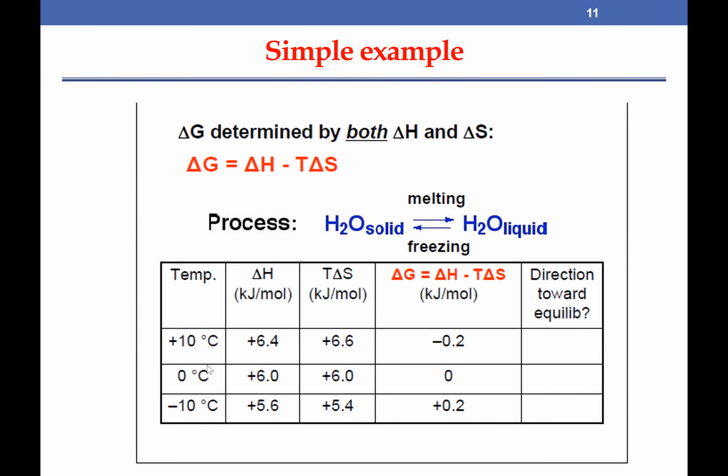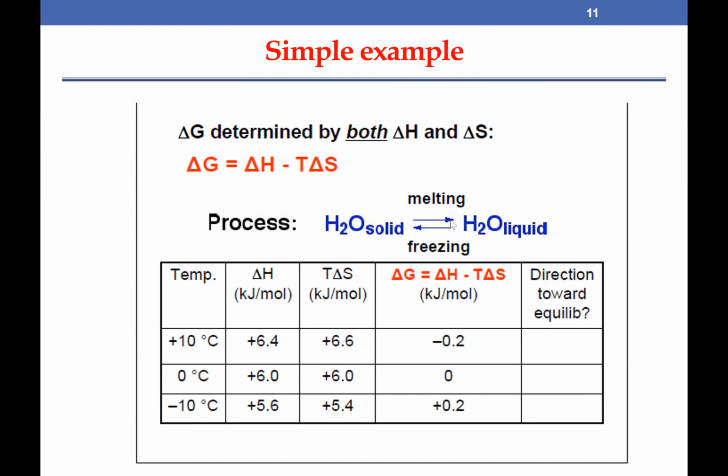Now at 0 degrees, it's again endothermic. So it's positive delta H, meaning heat is going to be taken in. And then this is the value for entropy times temperature. And delta G is 0. 0 delta G is equilibrium, exactly.